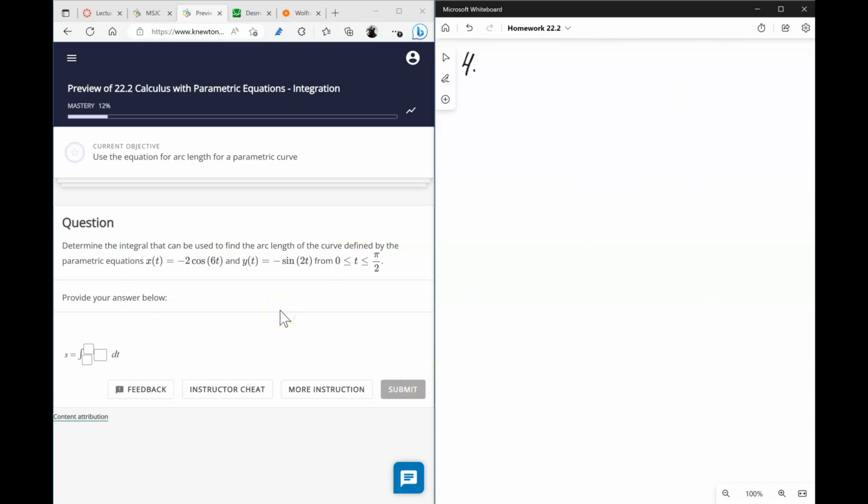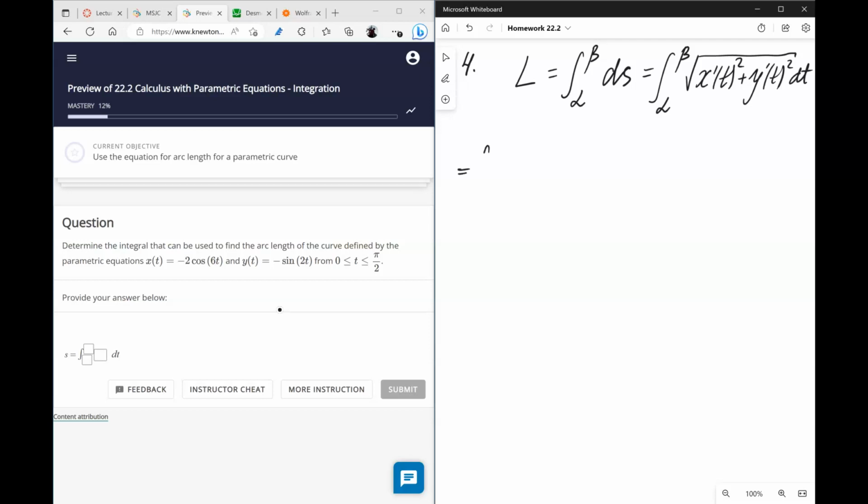Question number 4. Looking for the arc length. The formula for the arc length is this, where ds is just the square root of x prime of t squared plus y prime of t squared dt. And in our case, it will be integral from 0 to pi over 2 square root. What's x prime?